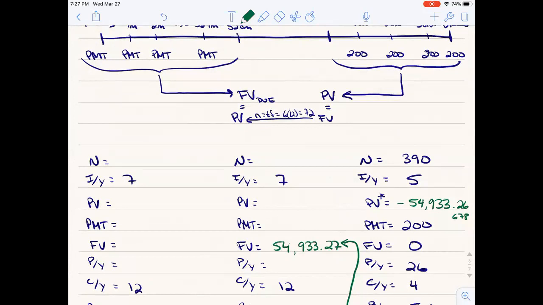It doesn't really matter for these straight compound interest ones which one's positive and which one's negative. But if we're thinking about it, here we were making payments, so that's money leaving our hands, which is negative, making the future value positive, because then I'm going to take it out.